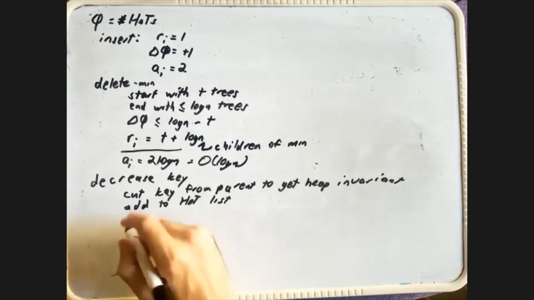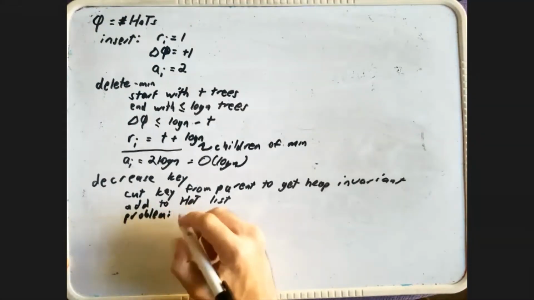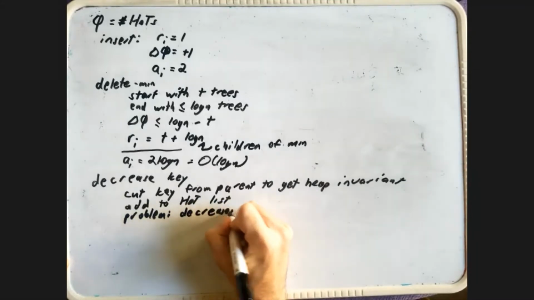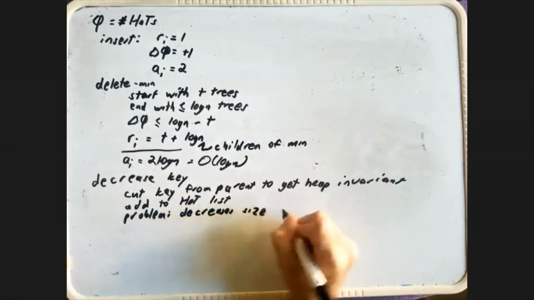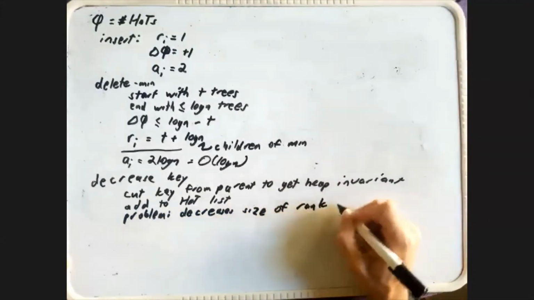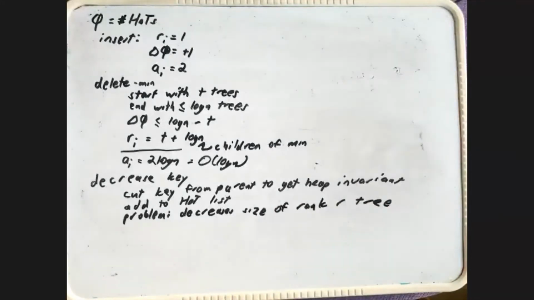Right. The problem is that this can decrease the size of a rank R tree. We've just removed some nodes from the tree without changing the degree of the root. It's the degree of the root that determines the rank.